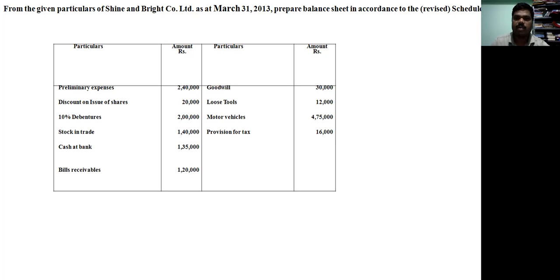This is a problem on the vertical form of balance sheet. However, while understanding the vertical form of balance sheet, particularly in final accounts, the most important things to understand are the preparation of notes and the preparation of the vertical form of balance sheet to the extent of notes.